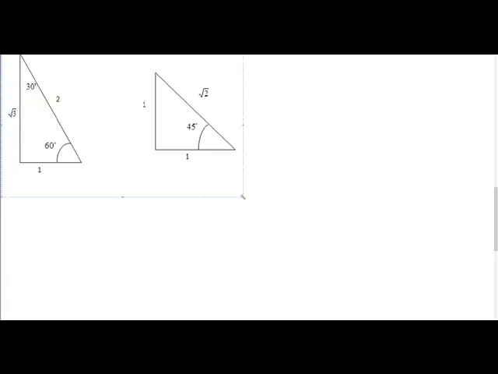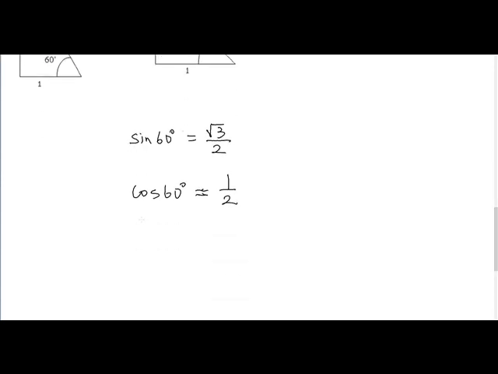Now if I do the same thing for 60 degrees, sine 60 degrees is opposite over hypotenuse. What is the opposite of 60? It is square root of 3, so square root of 3 over the hypotenuse, 2. Cosine 60 degrees is adjacent over hypotenuse; the side adjacent to 60 degrees is 1, so 1 over 2. Tangent 60 degrees is the opposite, square root of 3, over the adjacent, which is 1, so you would write just square root of 3.